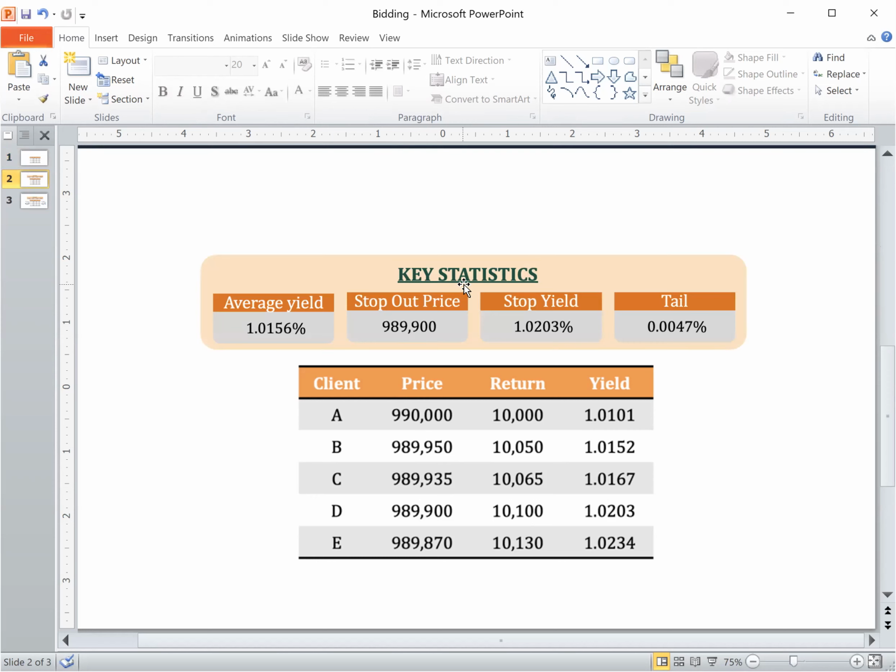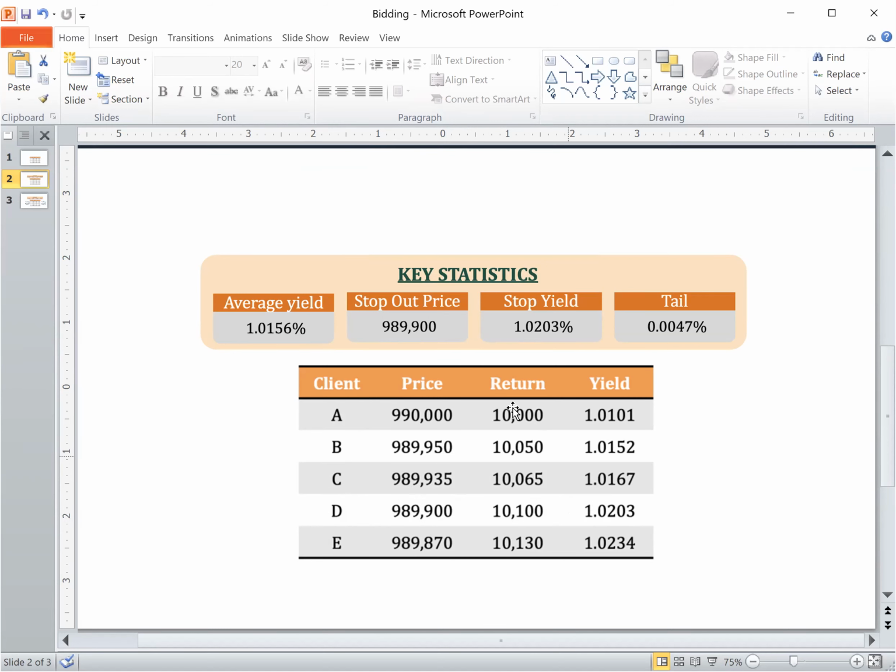Based on that, there are some statistics. First, let's understand the stop yield. Stop yield is the maximum return at which the auction stopped. That means the allocation stopped at D, right? So this is the stop yield and stop price. Stop yield and stop price are the yield and price at which the allocation stopped.